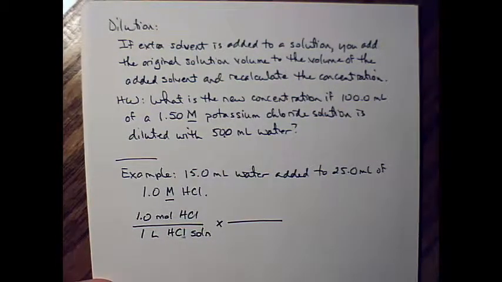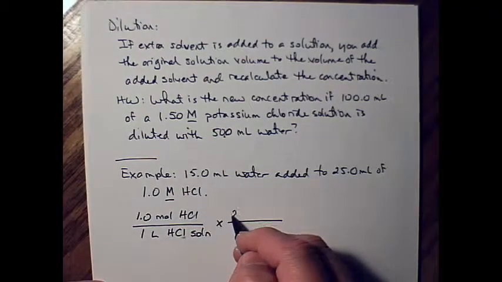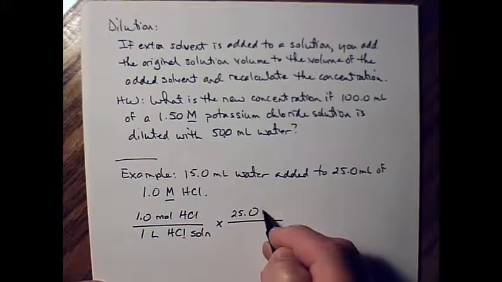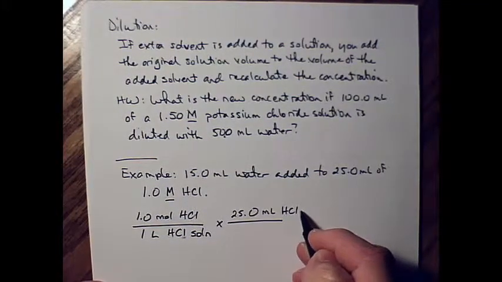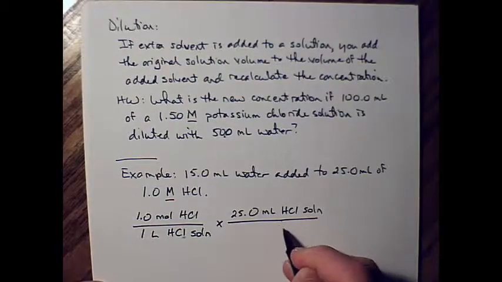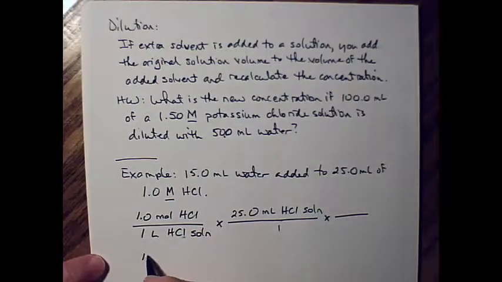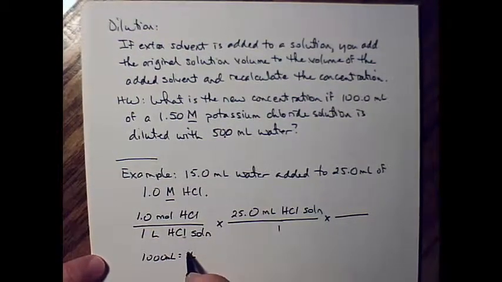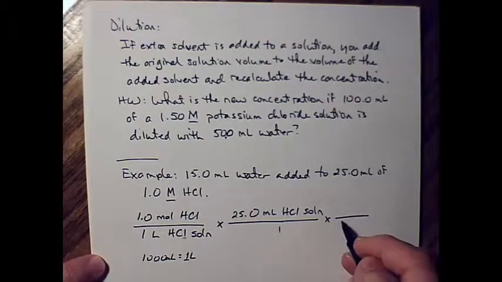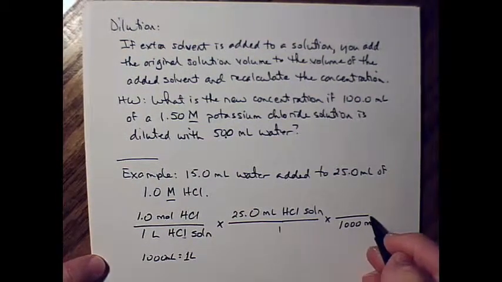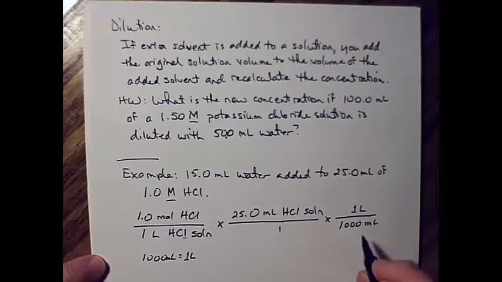The only problem is we don't have the volume in liters, we have it in milliliters. So instead of converting first, I want to do it as one problem. I'm going to take that 25.0 milliliters of HCl solution and multiply by a conversion because I know there are 1,000 milliliters in 1 liter. So I want 1,000 milliliters in the bottom and 1 liter on the top.